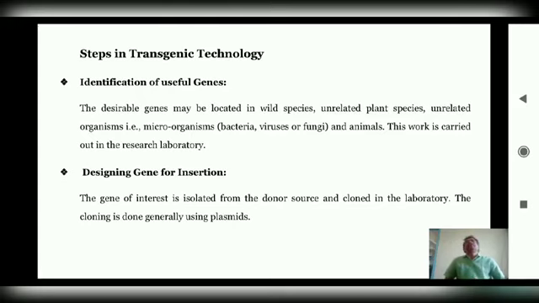So we need to locate the desirable genes in wild species or in unrelated plant species or in any other microorganism for that matter. So this is generally done in the research laboratories. So first step in developing transgenic plant is to identify a useful gene.